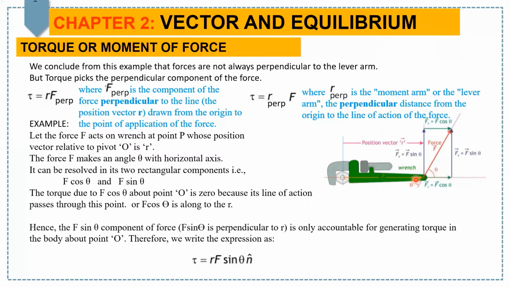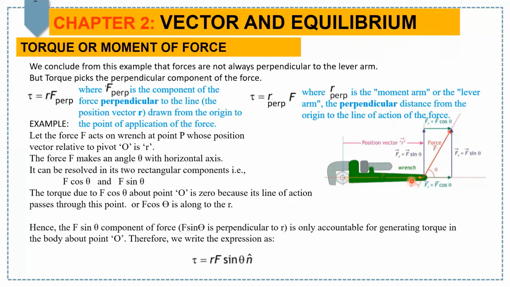Because force F makes an angle theta with the horizontal axis, it can be resolved into its rectangular components. One component is F cos theta and the second is F sin theta. The torque due to F cos theta about point O is zero because its line of action passes through this point. In other words, F cos theta is along the r.